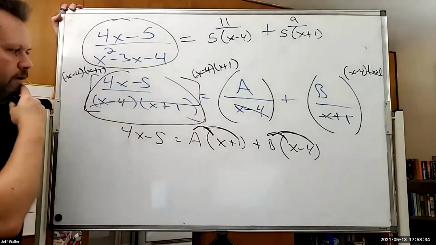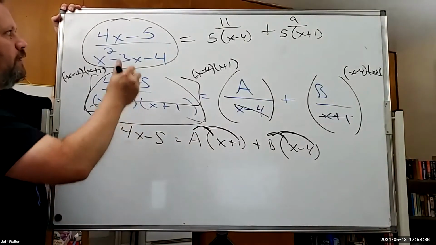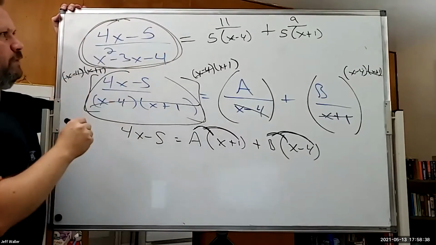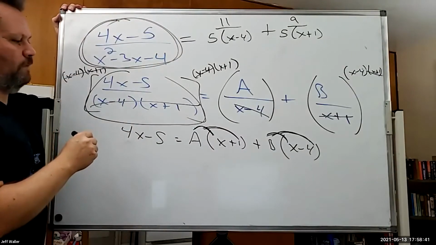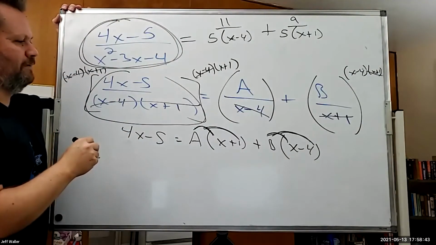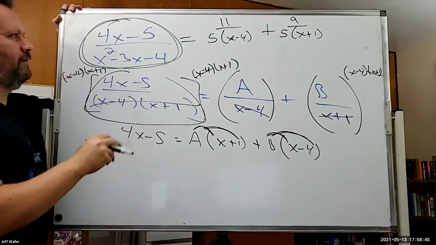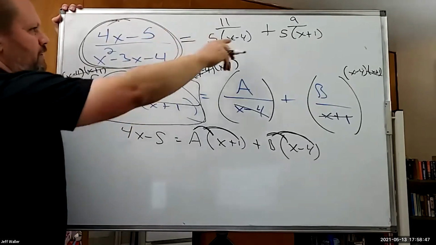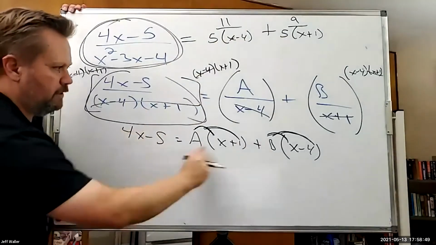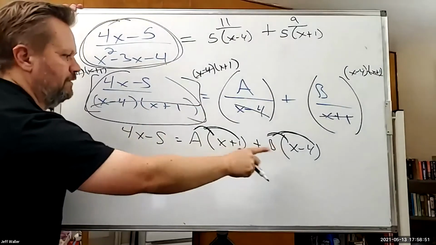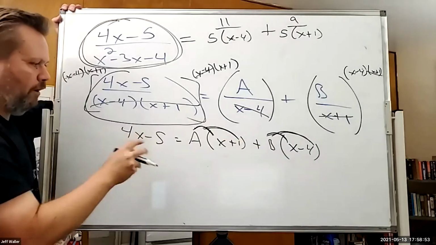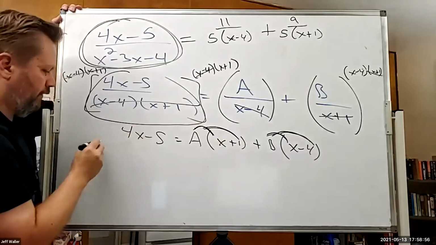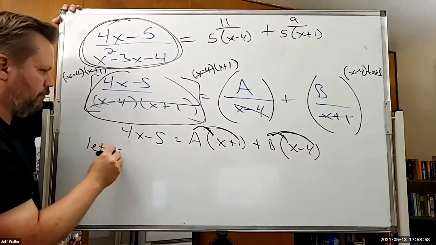Watch this. Can somebody tell me, in this expression, what can x be? Well, this is a little weird. In this expression, x can be anything, of course, except for 4 and -1. But in this expression, here's what's neat. x can be anything. What's special if I let x equal -1?